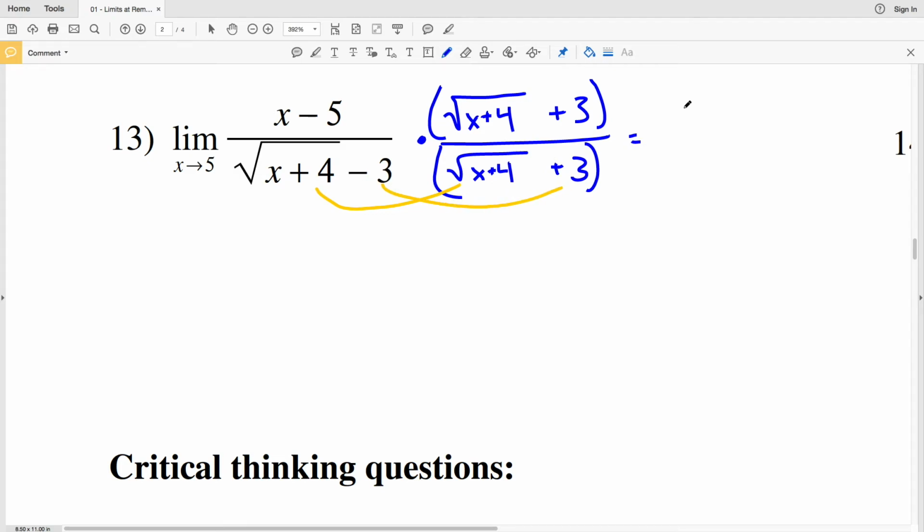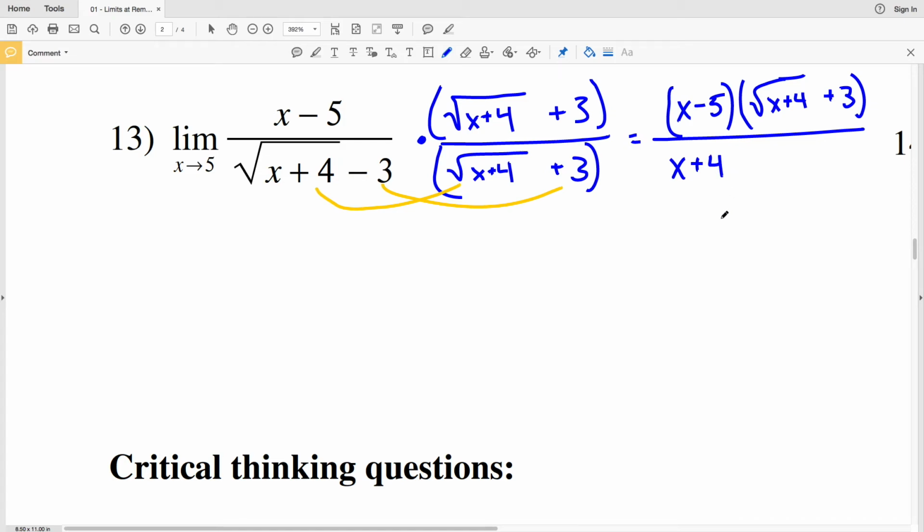So I'll have x minus 5 times the square root of x plus 4 plus 3, and that's all over the square root of x plus 4 times the square root of x plus 4, which is x plus 4, because the square root squared cancels out that square root, and then I have negative 3 times 3, which is a negative 9, so minus 9.